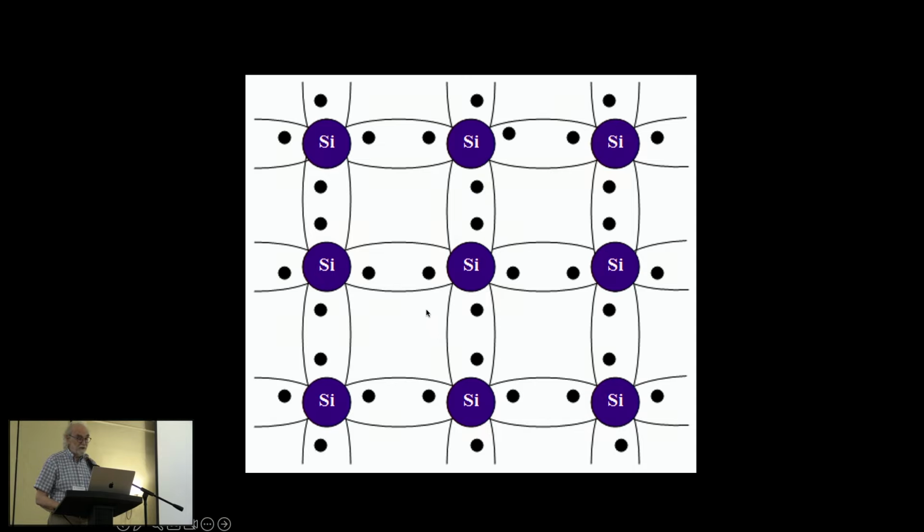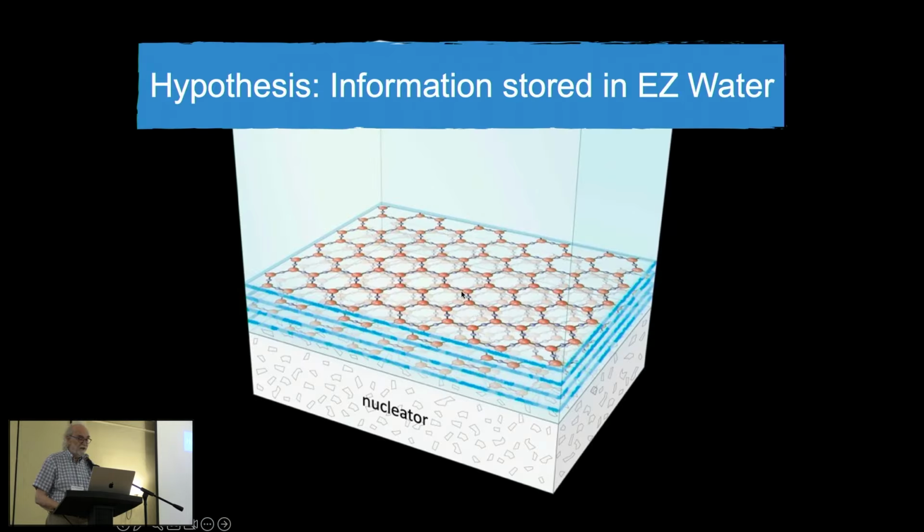And I'd like to suggest to you that the structure of the EZ is pretty much the same, it has the same principles. It's not only regularly stored oxygens and hydrogens in a plane, but also in the 3rd dimension as well. And the issue is whether this has the capacity to store information.